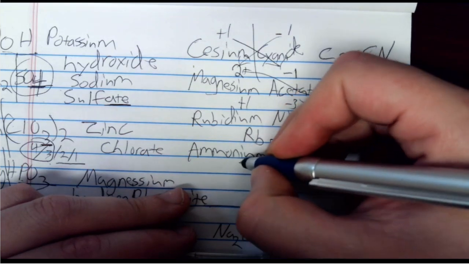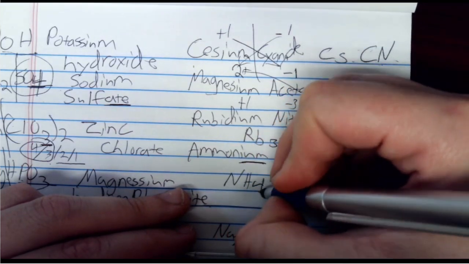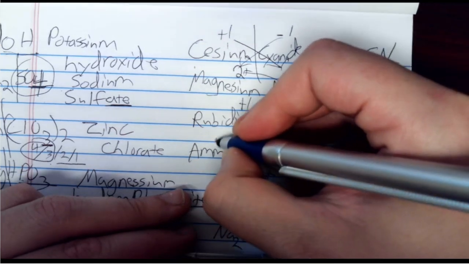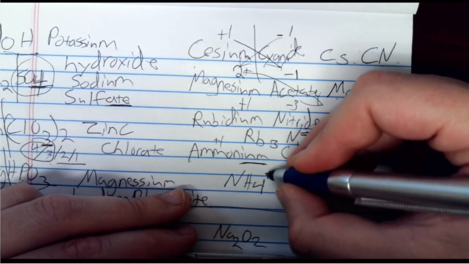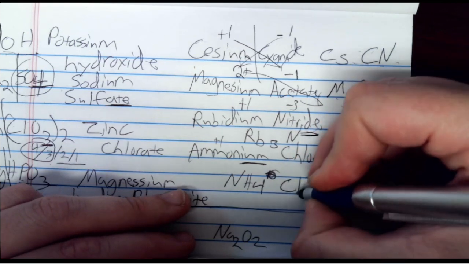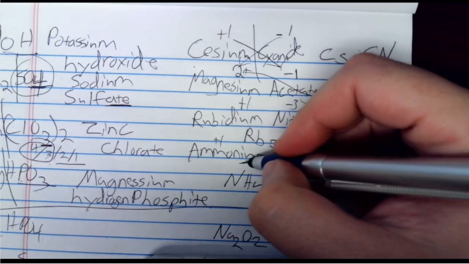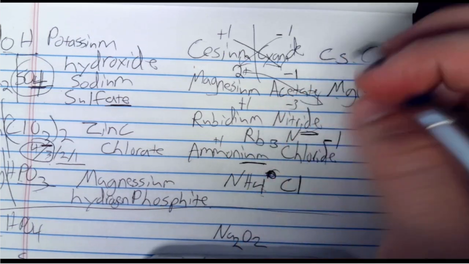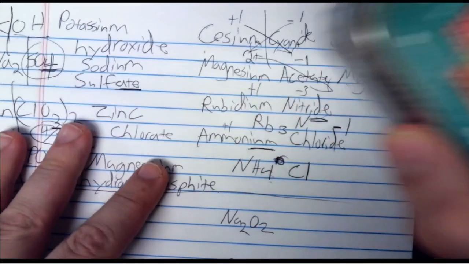And ammonium, NH4 plus. And chloride is 1 minus, so NH4Cl. You have to remember some of these guys in order for this to work. If you don't, it becomes a little harder.